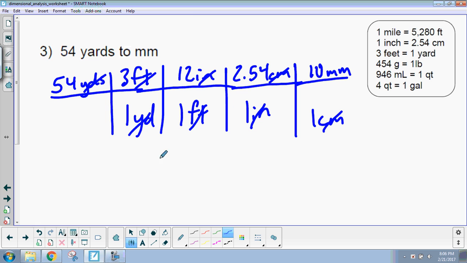But again, all the ones are on the bottom, so I just multiply everything on top straight across. 54 times 3 times 12 times 2.54 times 10. 49,377.6 millimeters.